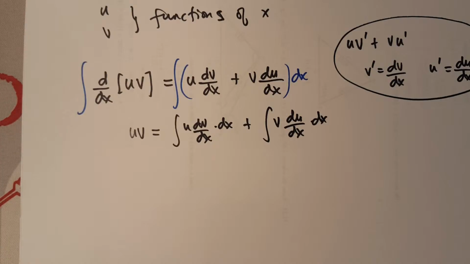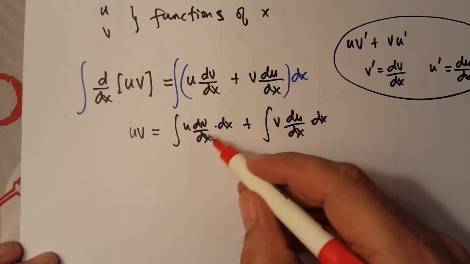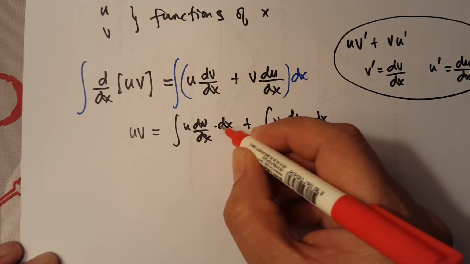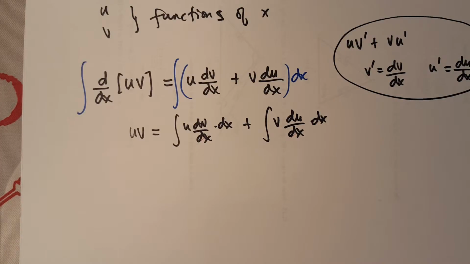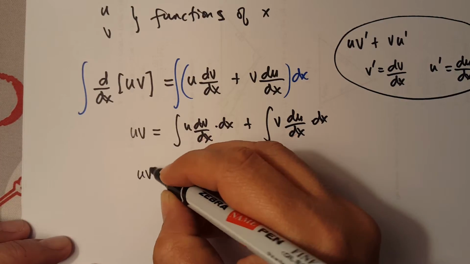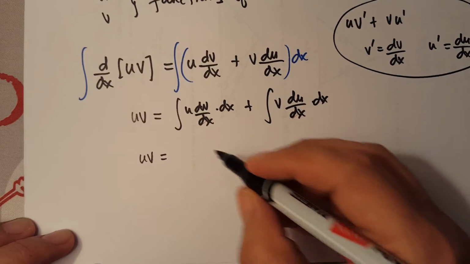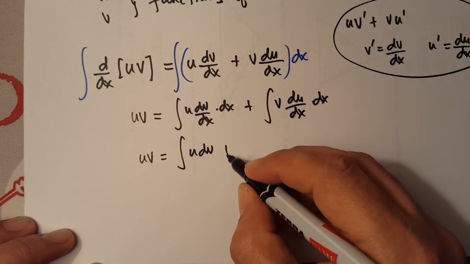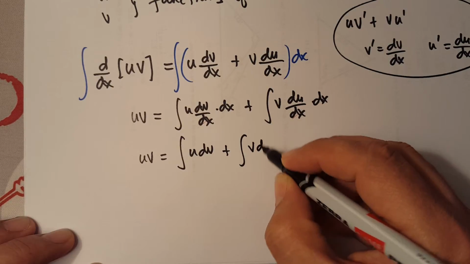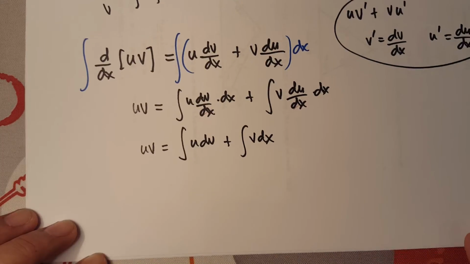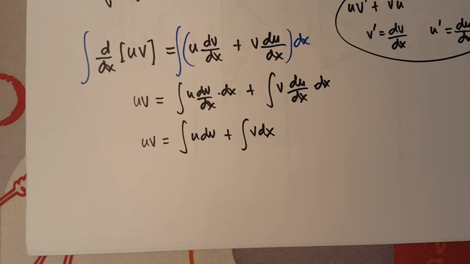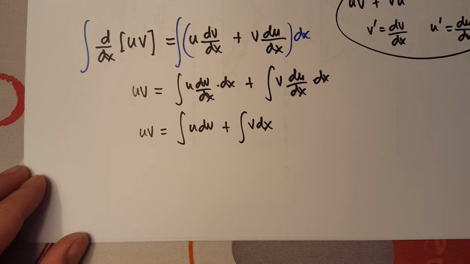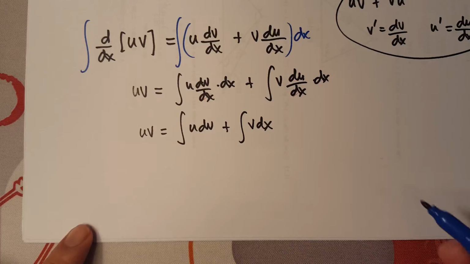You can think of it this way: you can consider dx to be some sort of variable and just cancel it out. So I have uv equals the integral of u dv plus the integral of v du. And we can rewrite this into the formula for integration by parts.